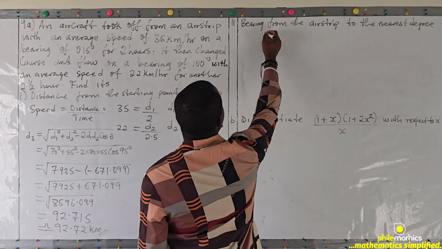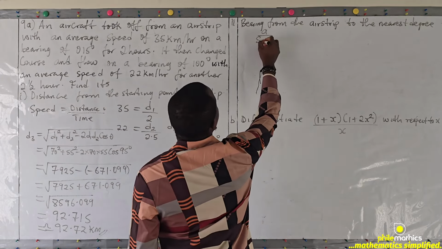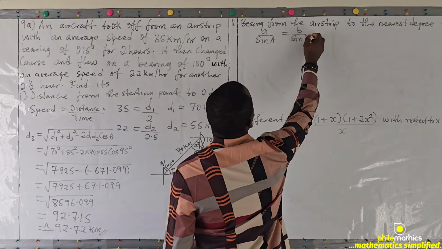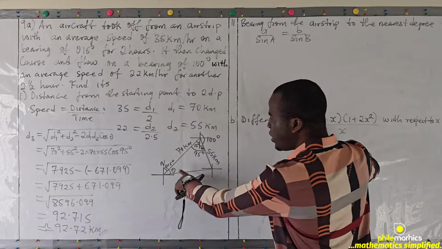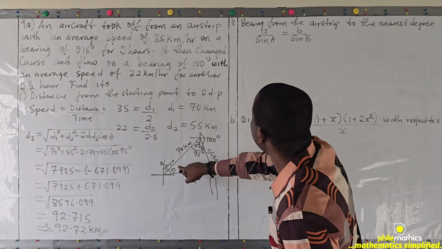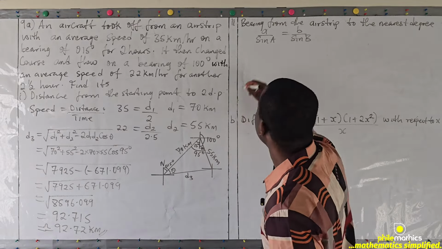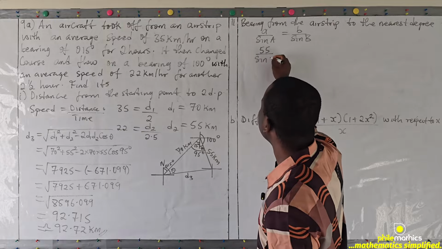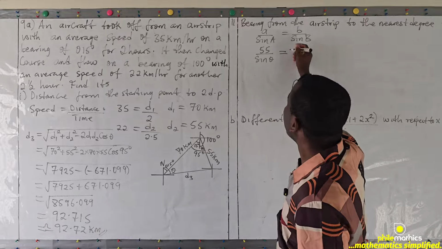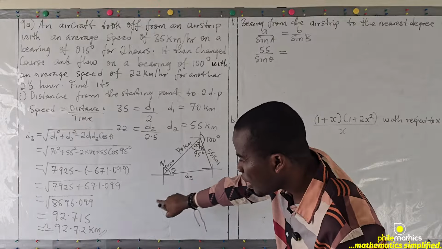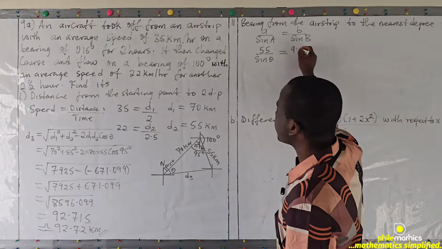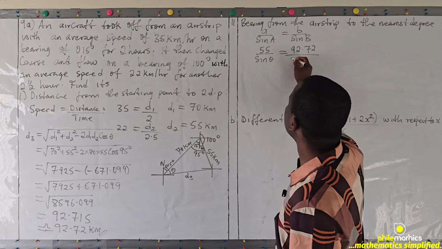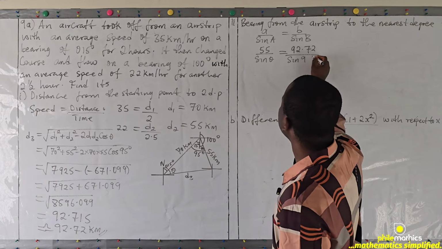Sine rule says A over sine A equals B over sine B. And so if we use that here, let's call this A. So this is 55 over sine theta equals B, which is this D3, 92.72 over sine B, which is sine 95.